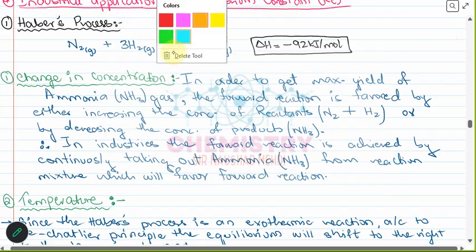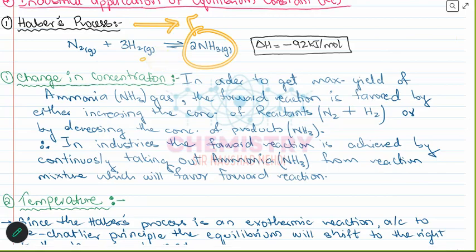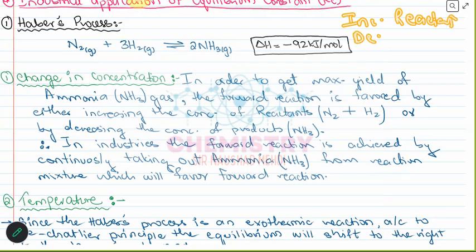Okay. So, if you want to get more and more ammonia gas, you want a forward reaction. And how will you achieve a forward reaction? Either by increasing the concentration of reactants, or by decreasing the concentration of product. Is it clear? Yes or no?